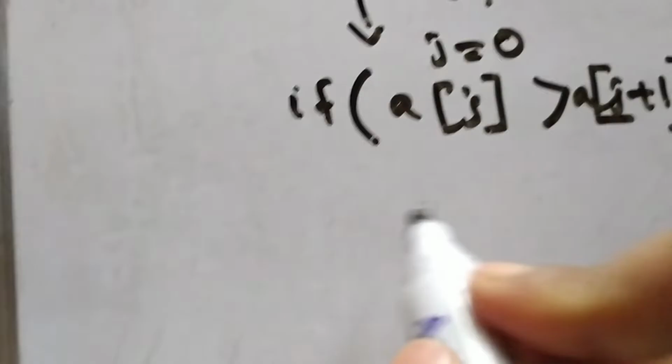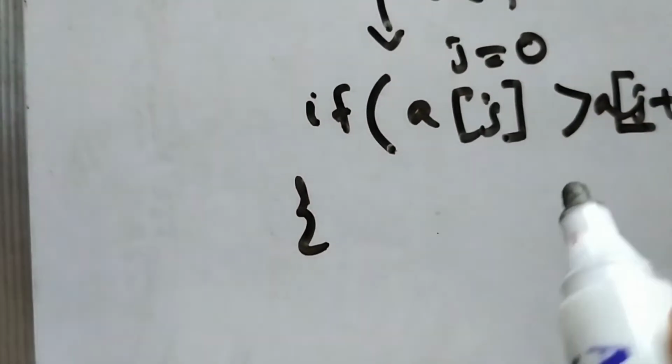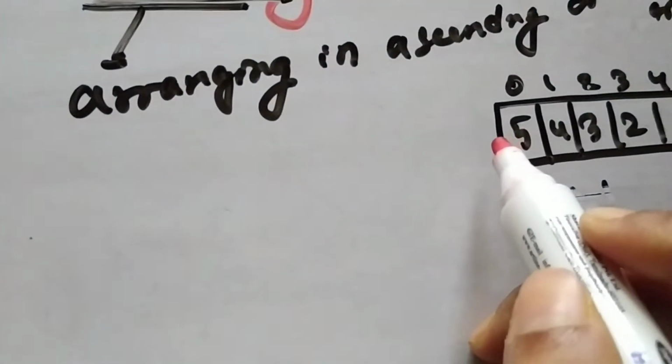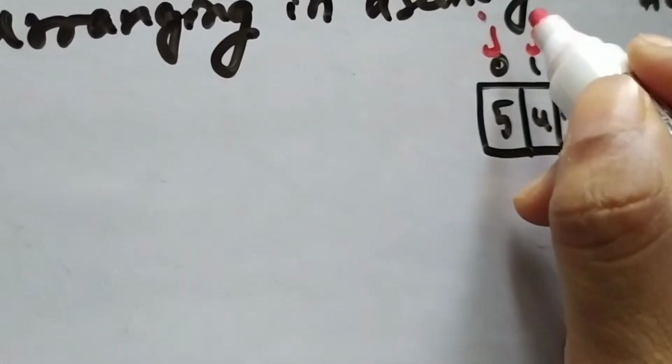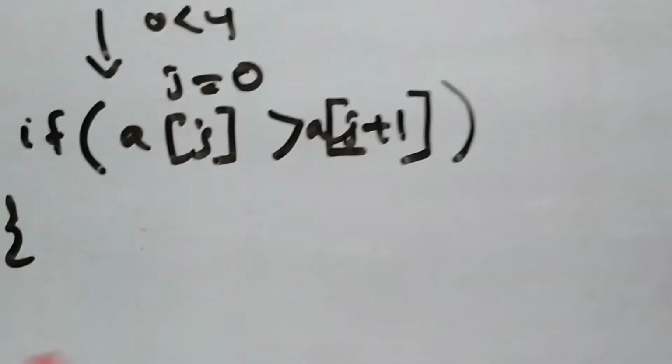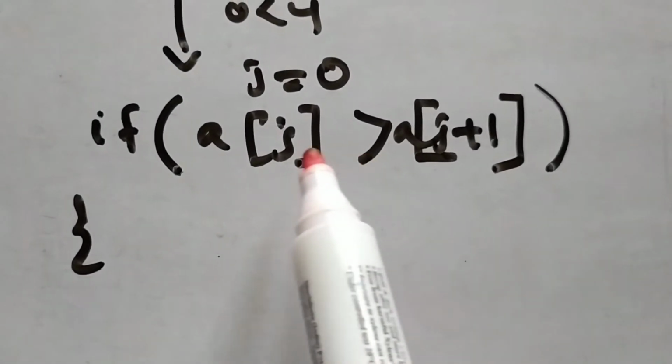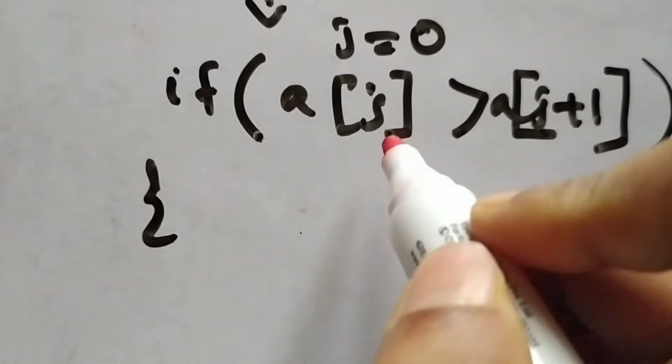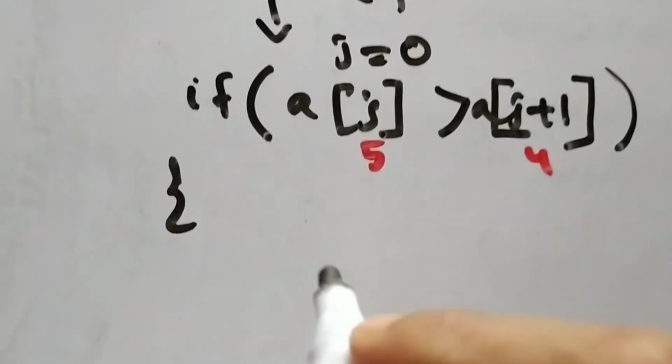Suppose this is j and this is j plus 1. So a[j] is 5 and a[j plus 1] is 4. So swap.